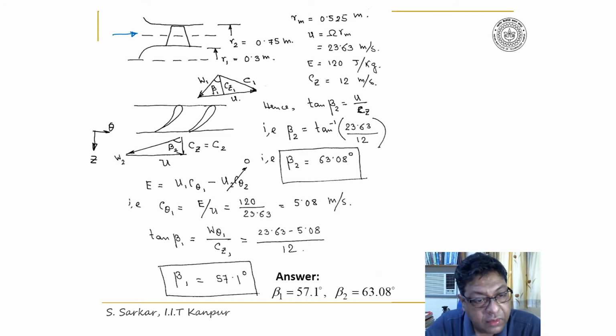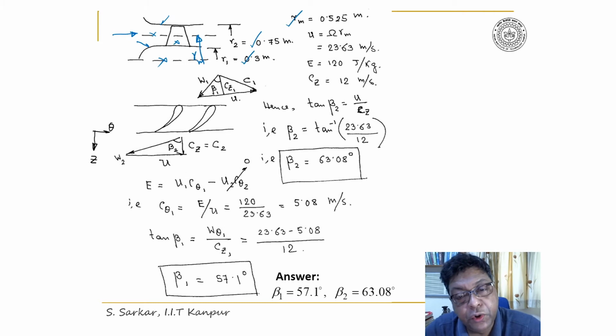As before, I have indicated hub, casing, and the impeller, axis of rotation, and a plane, which is the central plane between the hub and the casing. And let Rm be the radius of the central plane. So as before, R2 is 0.75 meter, R1 is 0.3 meter, and thus Rm is equal to 0.525 meter.